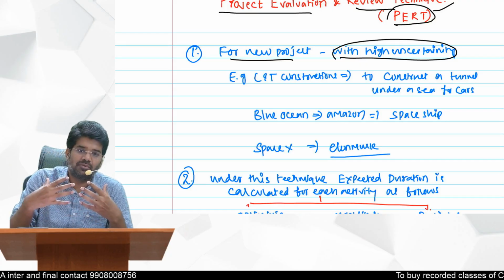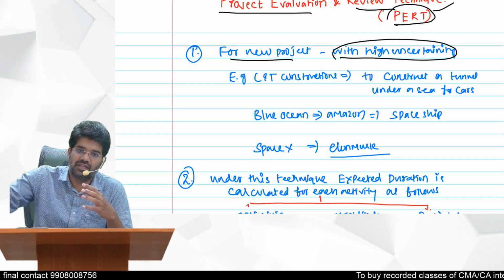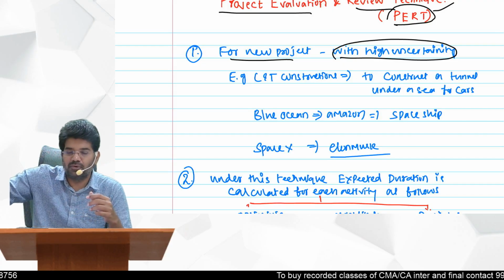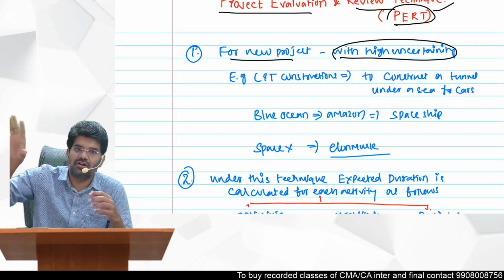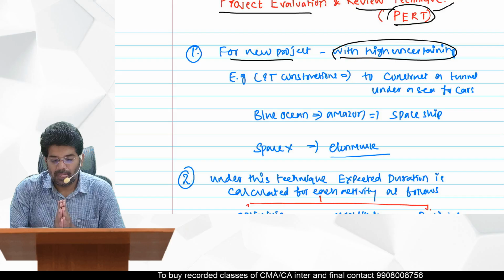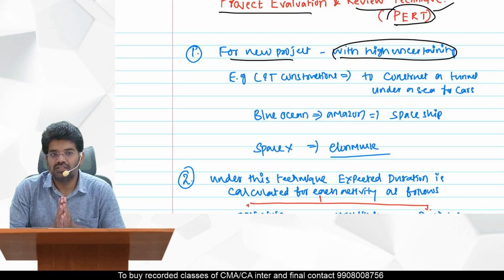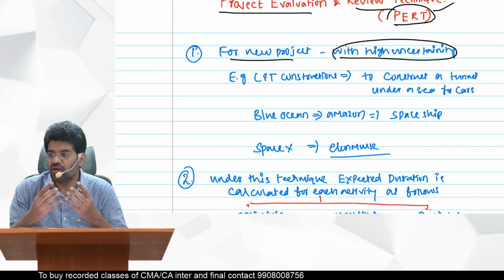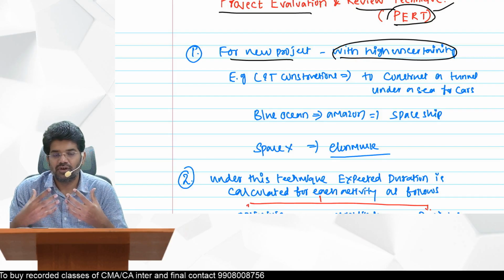Definitely a project should be completed within a particular time frame. So whether that estimated duration of the project is within that time frame or not, that is what we are going to check.